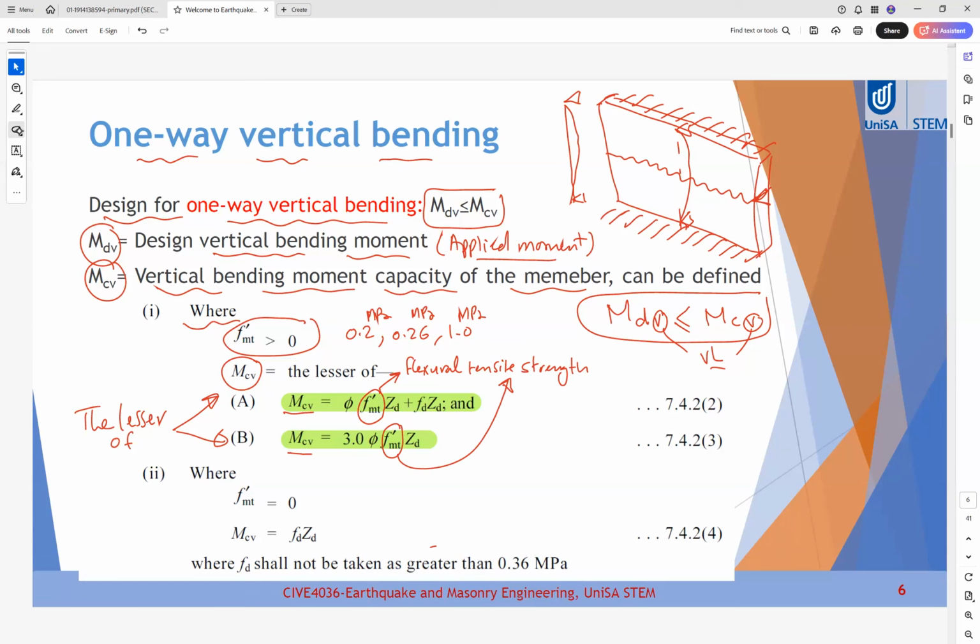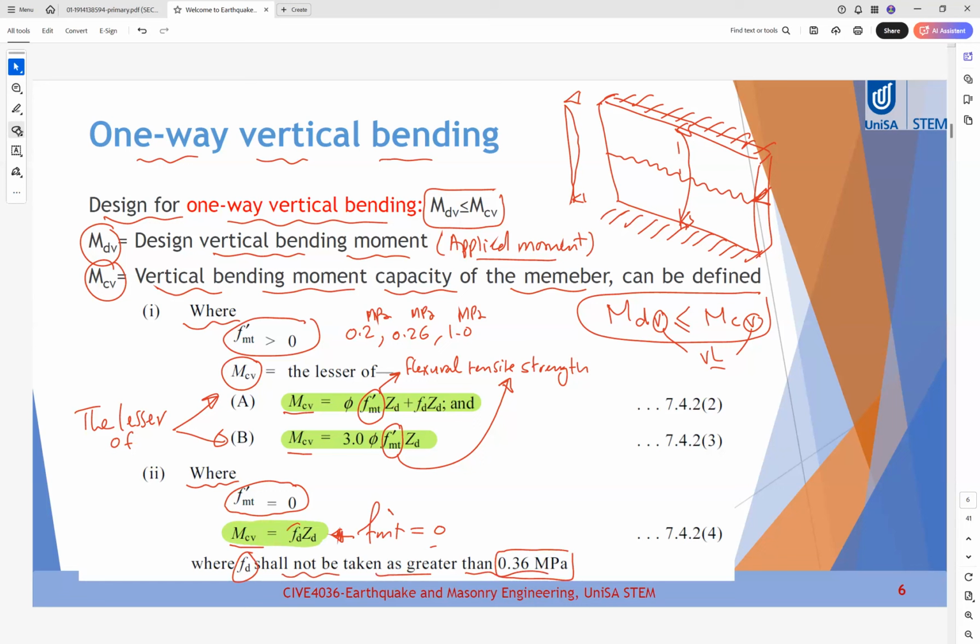So the other case, if we have the value of f'mt equal to 0, Mcv will have only one value, which is fd times Zd. So if f'mt equals 0, this will be the capacity moment of the wall, where fd shall not be taken as greater than 0.36 MPa.